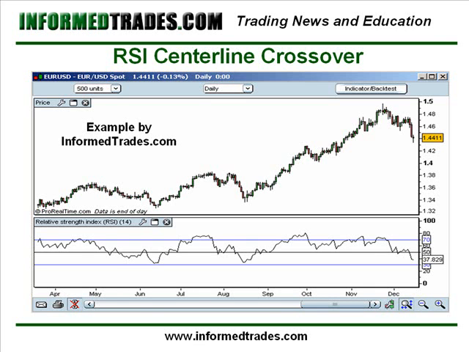But basically, when the RSI crosses above the 50 line, that's considered a bullish sign, because the market is making more gains than it is losses. And when it crosses below that center 50 line, that's considered a bearish sign, because the market is making more losses than gains.